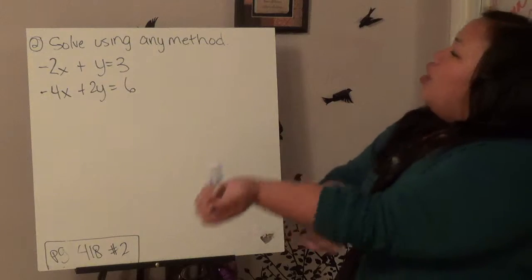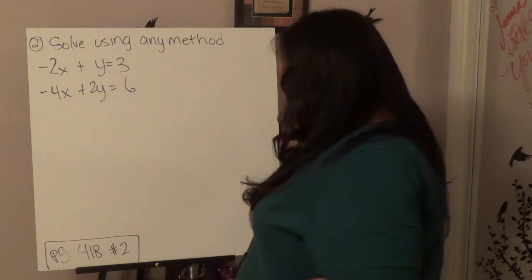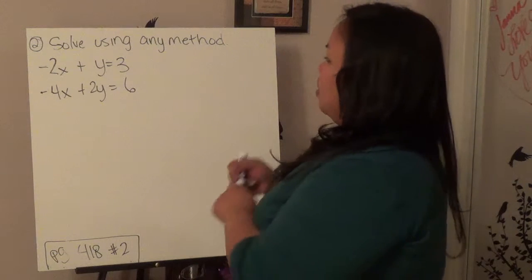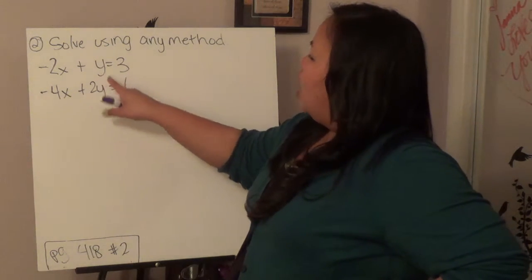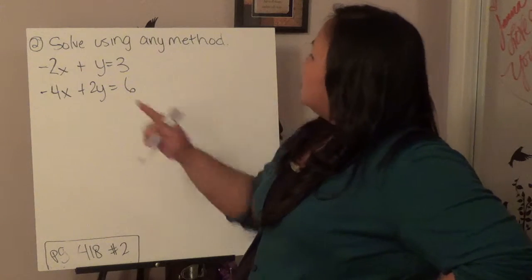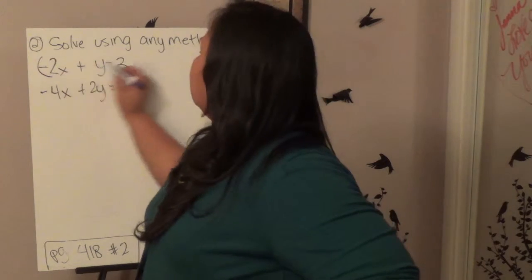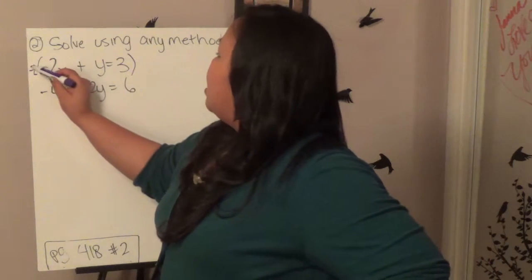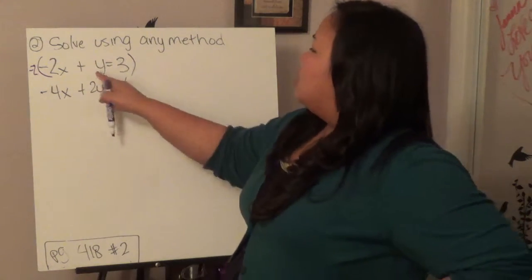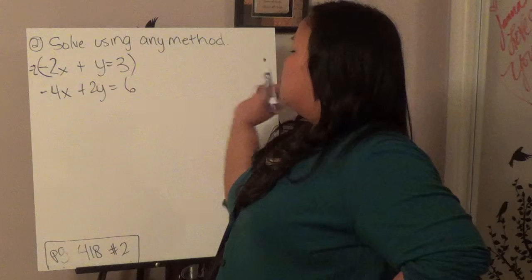So this one says solve using any method. Because I used substitution last time, I'm going to use elimination this time. This is y and this is 2y, so let's multiply this by negative 2. If I multiply this by negative 2, then this would become negative 2y and positive 2y.